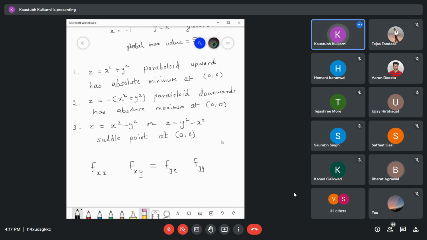In the first case you are differentiating first with respect to x and then with respect to y. In the second case you differentiate first with respect to y, then with respect to x, but their result comes out to be the same. So effectively you have three types of derivatives to calculate: f of xx, f of xy, and f of yy.